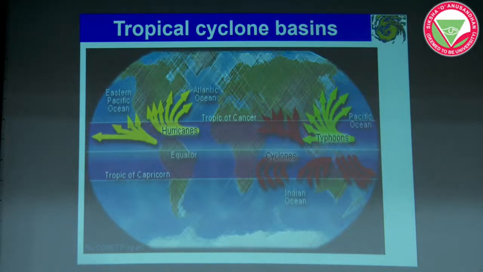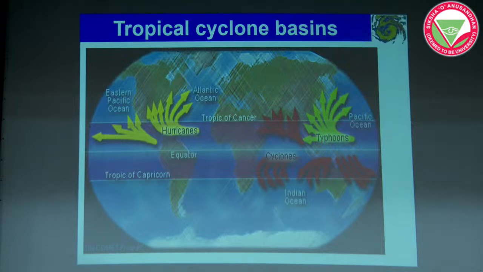But this cyclone doesn't occur only in the Bay of Bengal and Arabian Sea, with which we are familiar, but across the globe in all tropical oceans. On average, we get 80 to 100 such cyclones per year, but in the Bay of Bengal, we get 4 to 5. In the Arabian Sea, we get about 2.